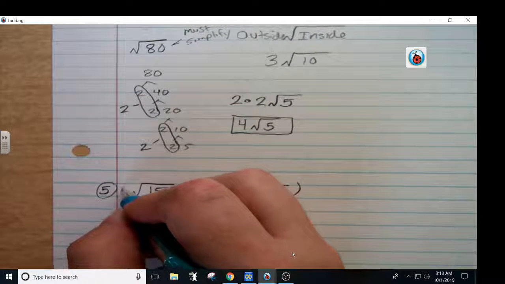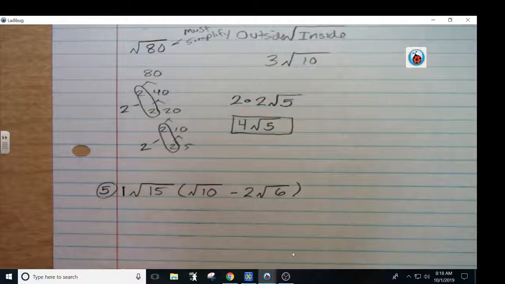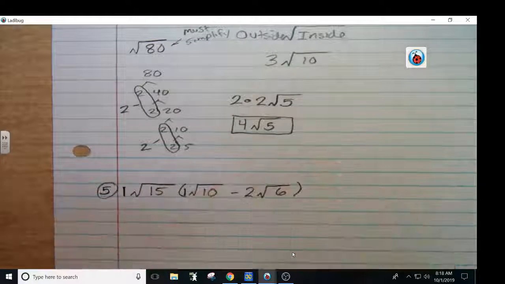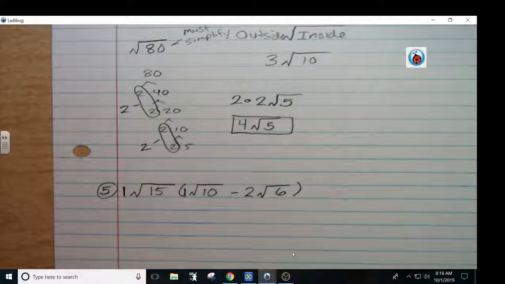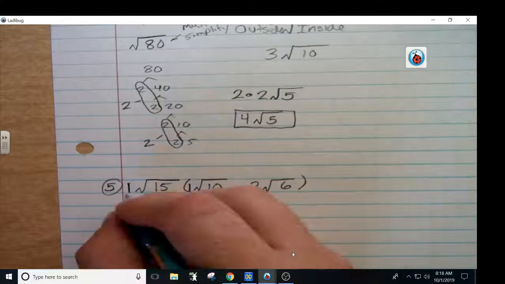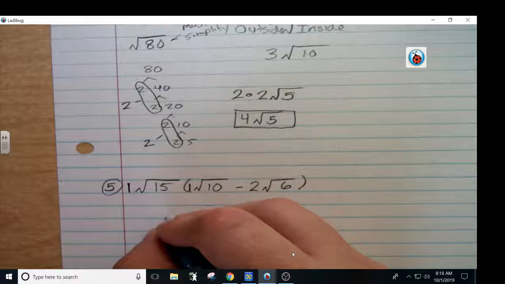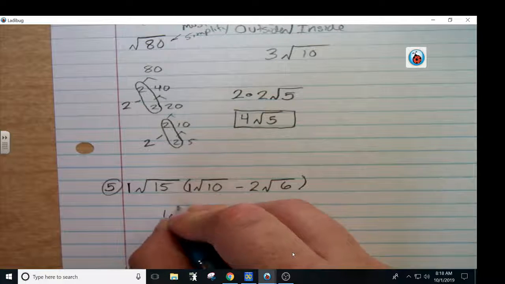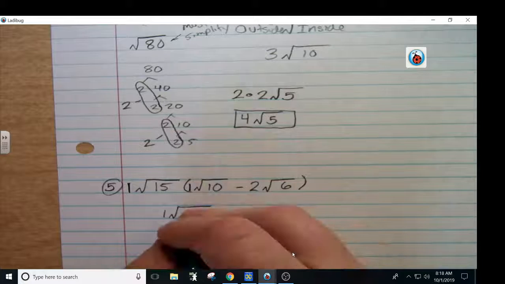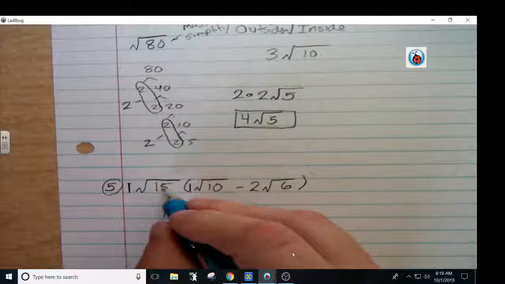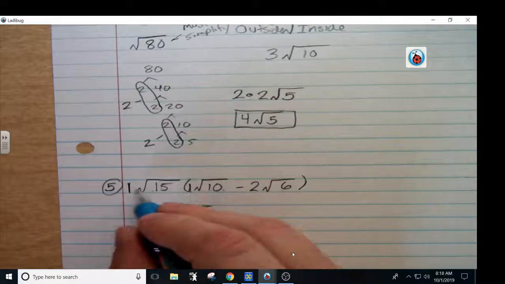There's a 1 outside of here, and a 1 outside of here. Anytime you don't have a number shown, it's a 1. So that's 1 times 1, which is 1. 15 times 10 is 150. So inside times inside, outside times outside.